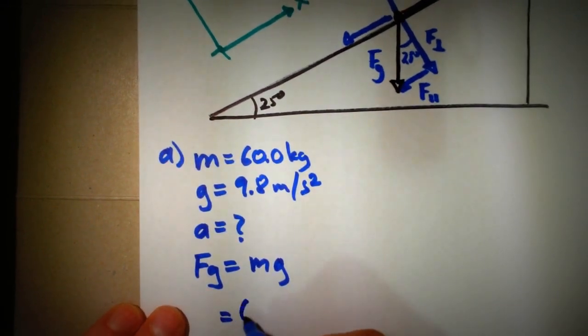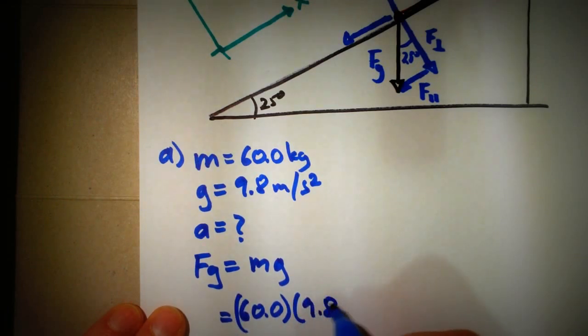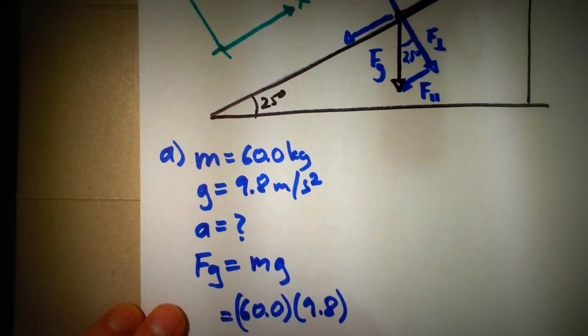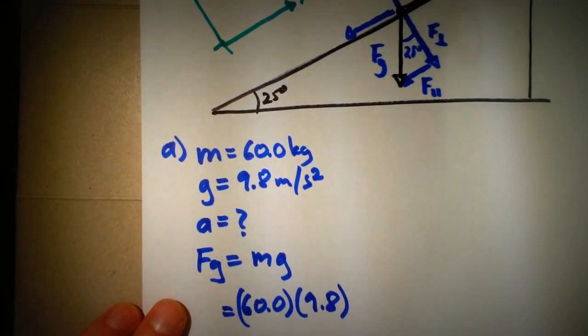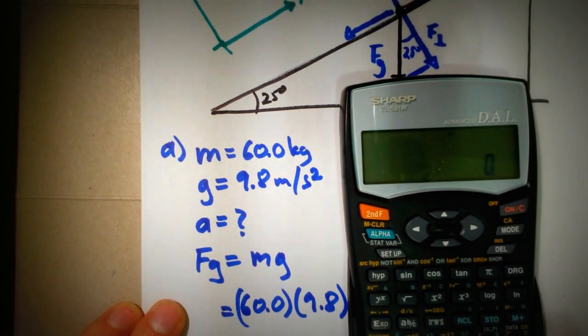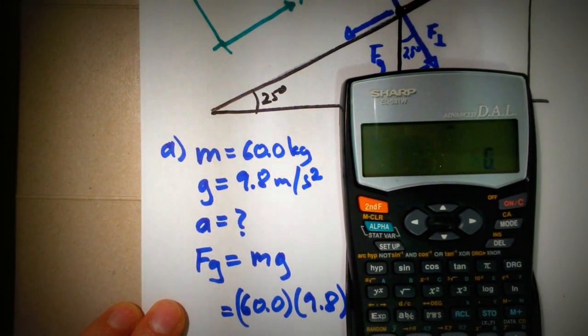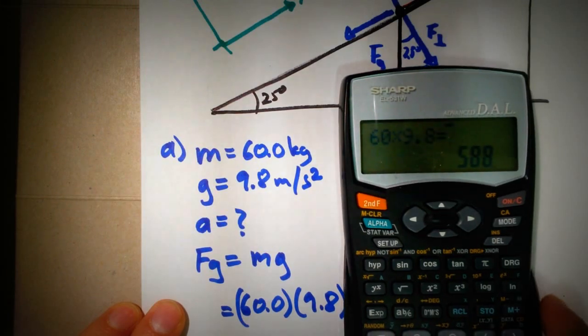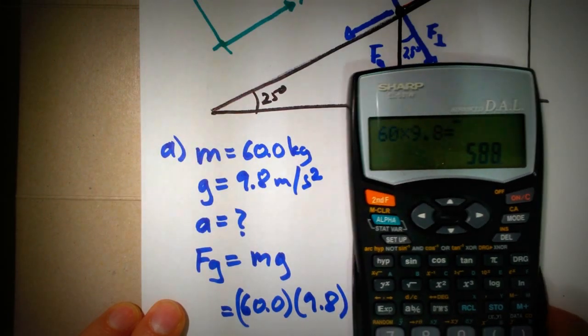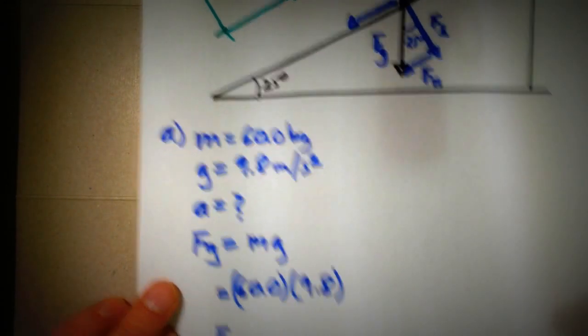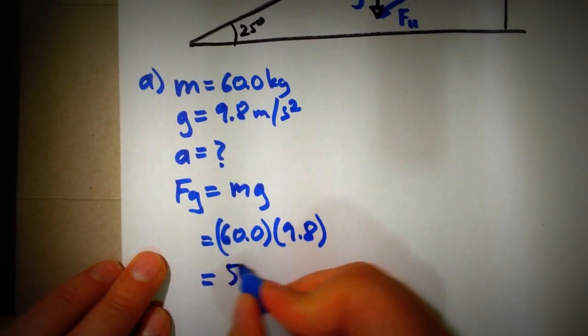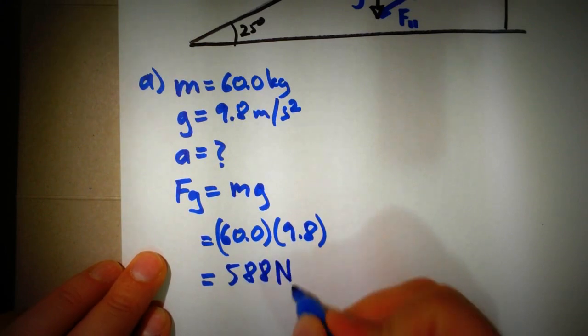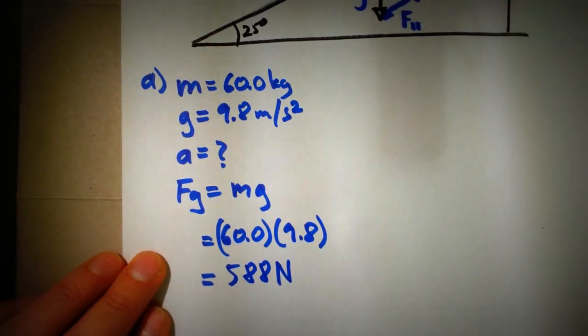So the mass of the skier is 60 kilograms, I will not write down the units, times 9.8, so you plug it in your calculator, and this gives us 588 newtons. Alright, so let's write it down with the units here. 588 newtons.